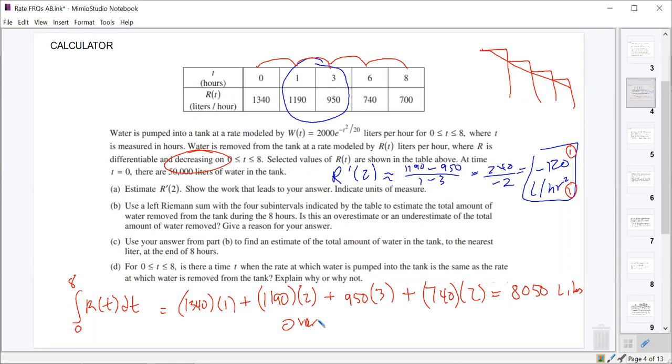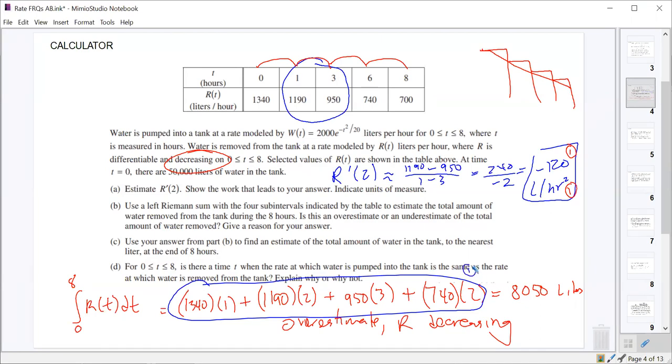So it should be an overestimate because R is decreasing. Everybody good there with part B? 3 points for part B: 1 for setting up this sum, 1 for correctly evaluating it, and 1 for overestimate because R is decreasing. Everybody good there?